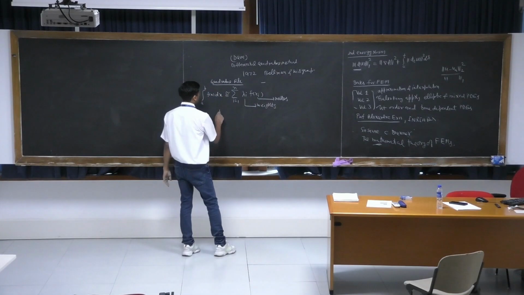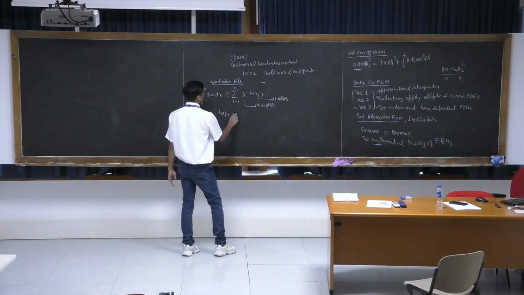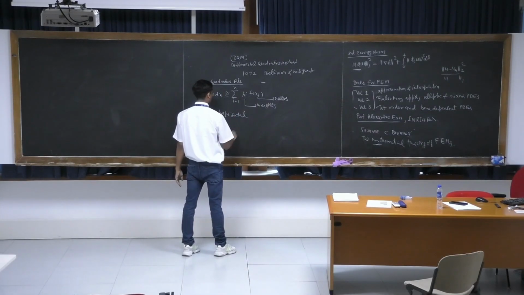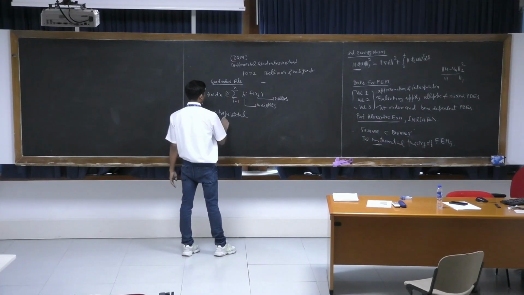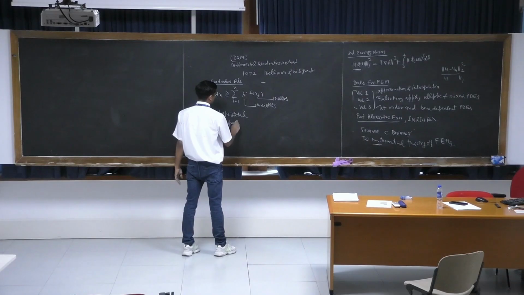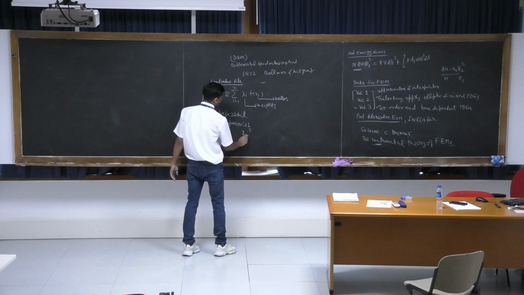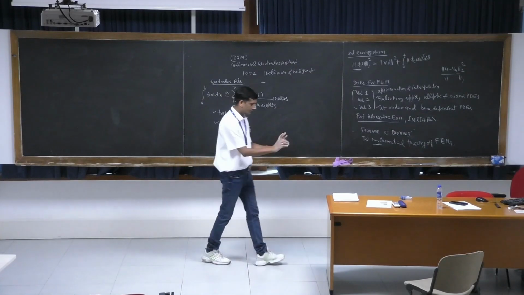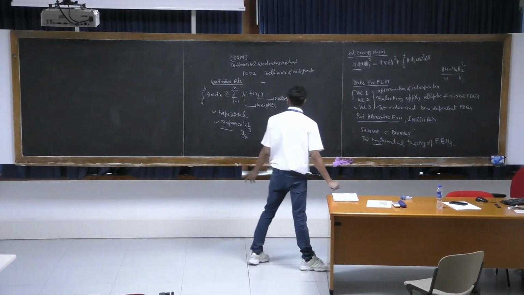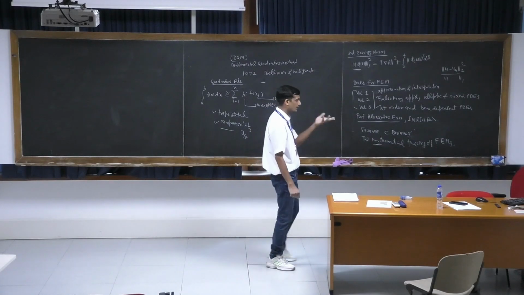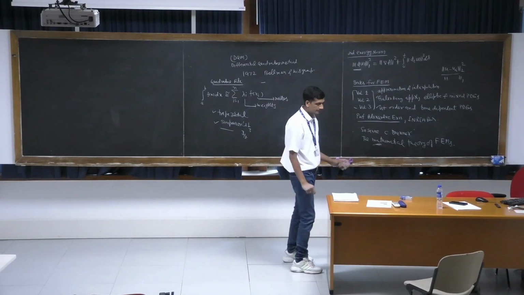For example, the trapezoidal rule, Simpson's 1/3 rule, Simpson's 3/8 rule, and also Gauss quadrature, Gauss-Legendre, like this. So there are many methods.